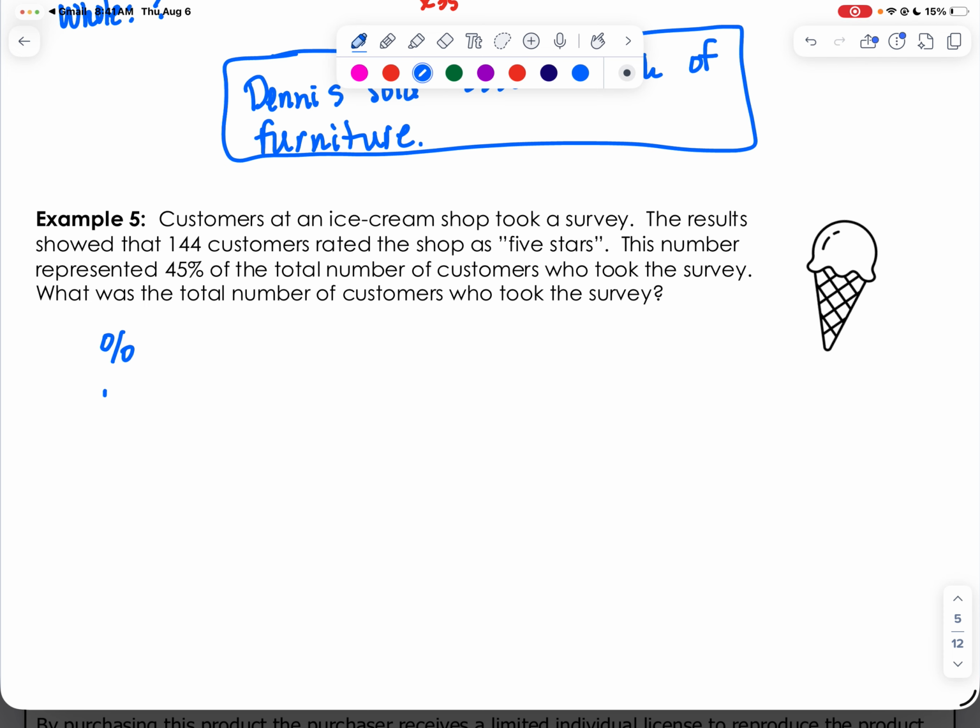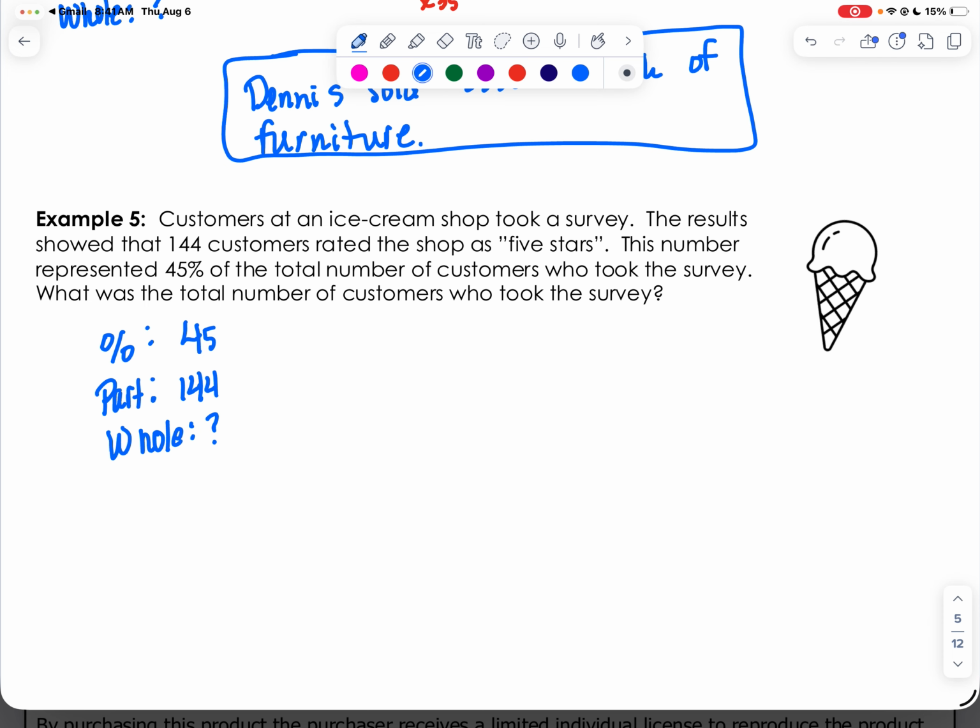Percent, part, whole. So our percent was 45. Our part is 144, and we do not know the total number of people who took the survey. What I'd like you to do now is pause the video and try this problem on your own. When you're ready to check your answer, press play.